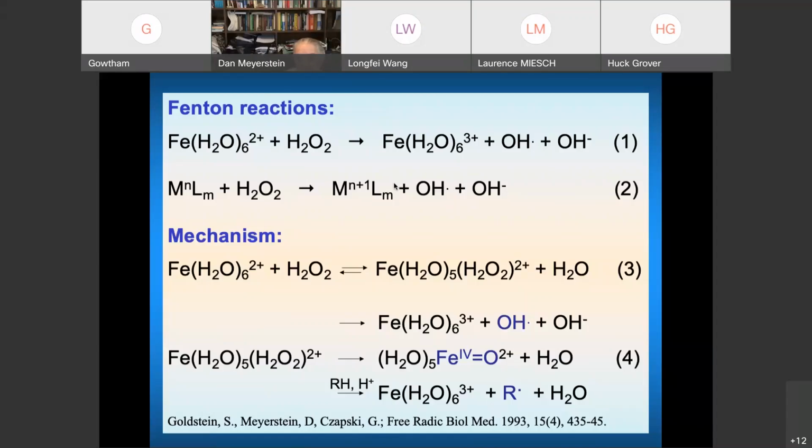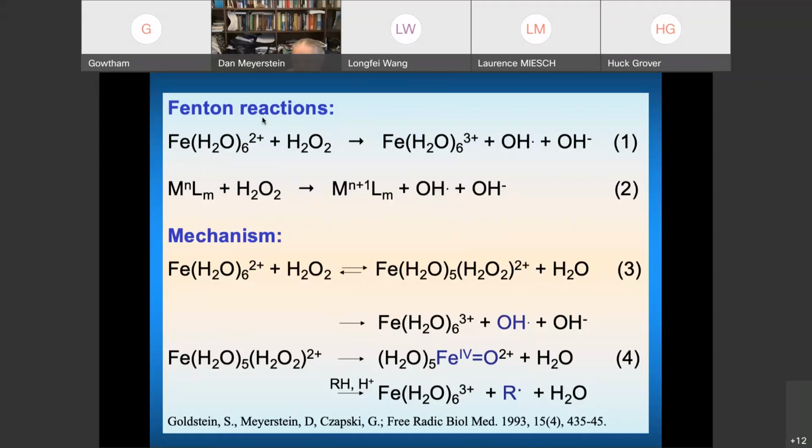And now this complex of iron 2, in this case with hydrogen peroxide, can decompose in 3 ways, depending on pH, depending on the components of the solution, depending on concentration, etc. The 3 mechanisms possible, which we thought were possible in those days, are the formation of OH radicals, as suggested by Haber and Weiss, the formation of iron 4, as suggested by Gorin and Bray, and the direct reaction of the complex with a substrate, oxidizing it to give a radical and iron 3.